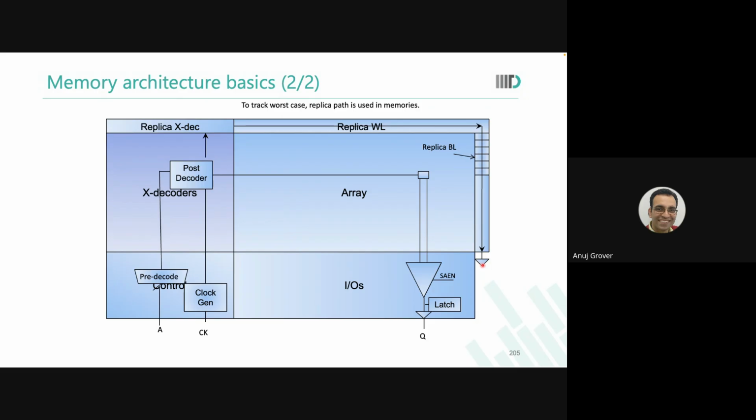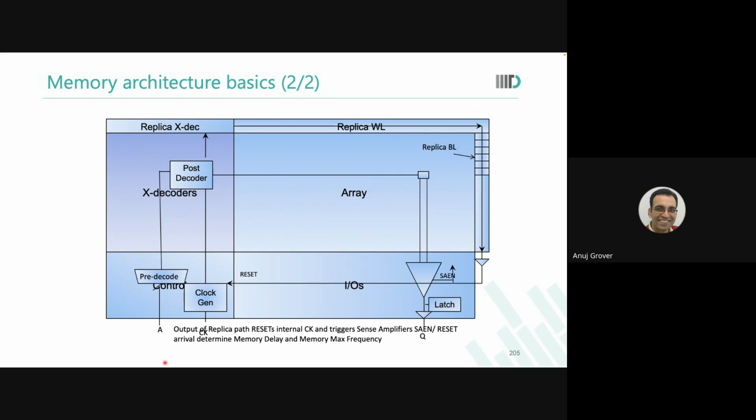And then at the end of this replica bit line, obviously if you put a sense amplifier here, what will trigger that then? Doesn't work. So you have to put some other digital circuit here. So you put an inverter here. And when this inverter gives an output, that will trigger the sense amplifiers and that will trigger the reset of the memory state machine also.